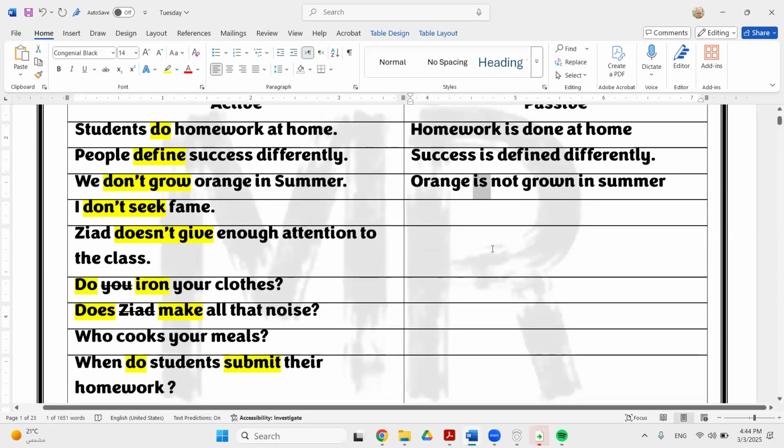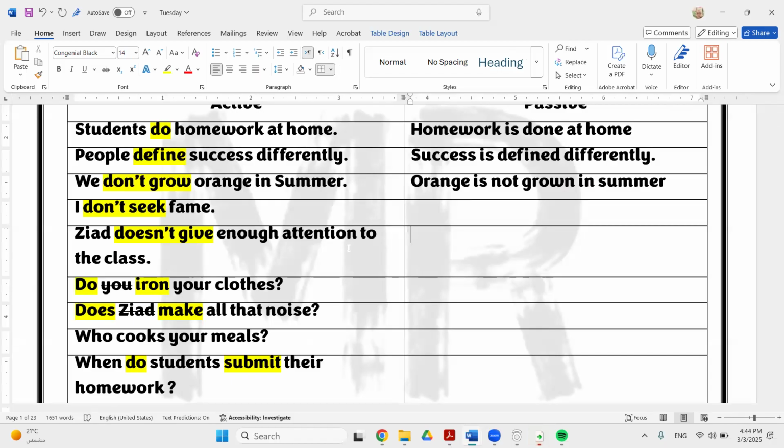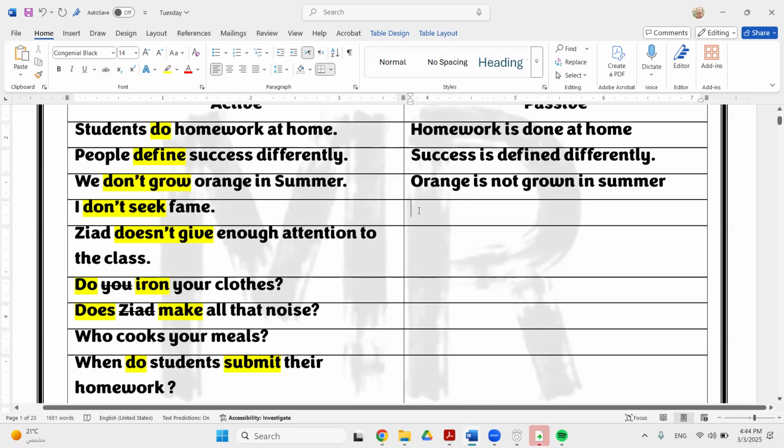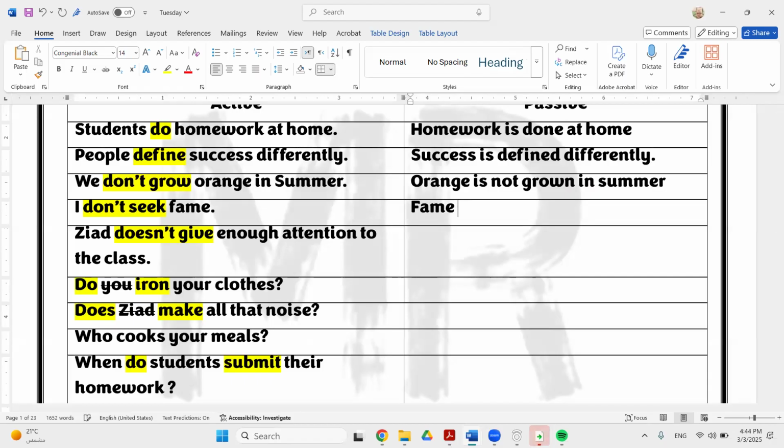مستر ينفع أجاوب واحدة؟ زياد نبيل. I don't seek fame. Fame is not, you know the past participle of the verb seek?